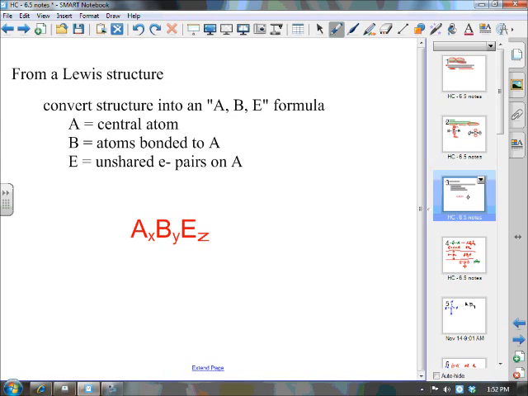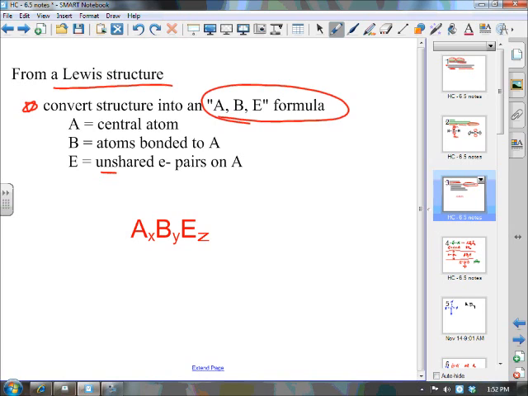All right, so how do we do this? It's real simple. After you've got a Lewis structure, you're going to look at that structure and create what we call an AB E formula. What do the letters stand for? A stands for, is there a center atom in the structure? B stands for any other atoms that are connected to the center atom. And E is always the one people have a tough time with, not because it's difficult, they sort of go too fast or get confused.